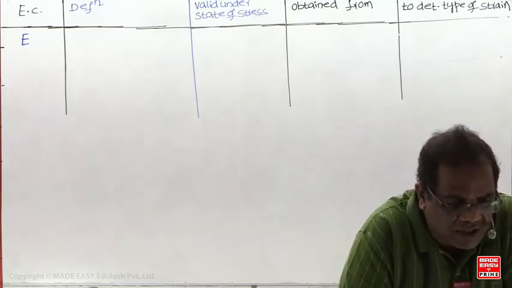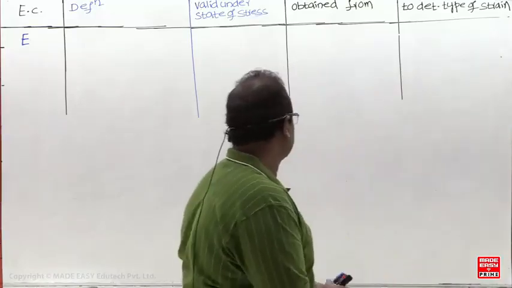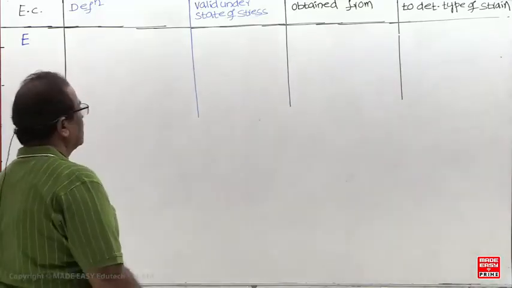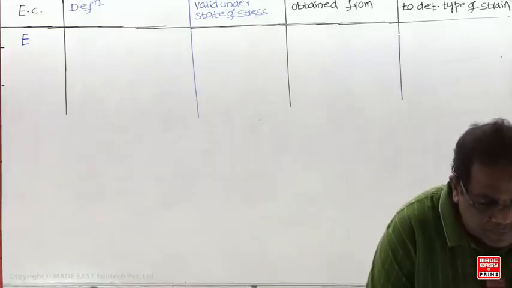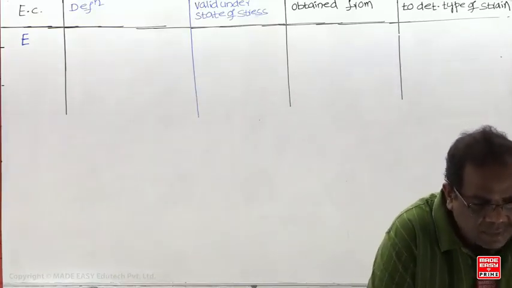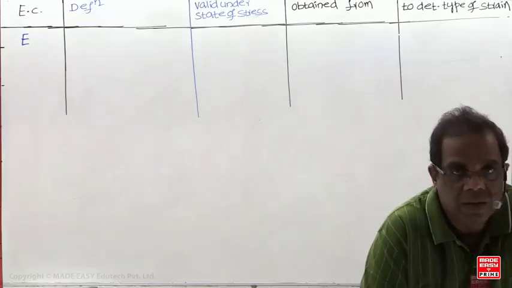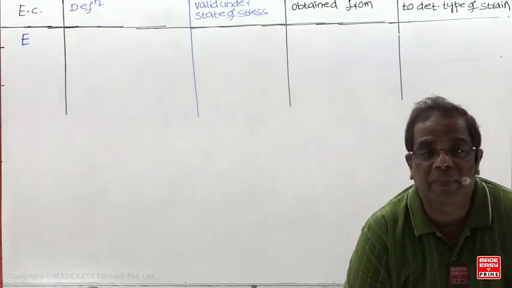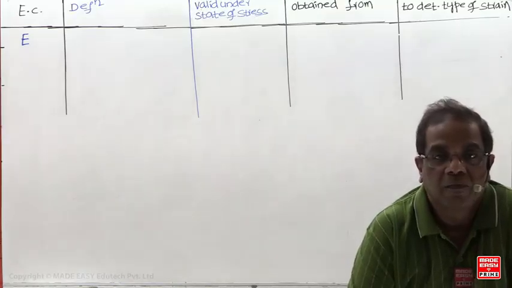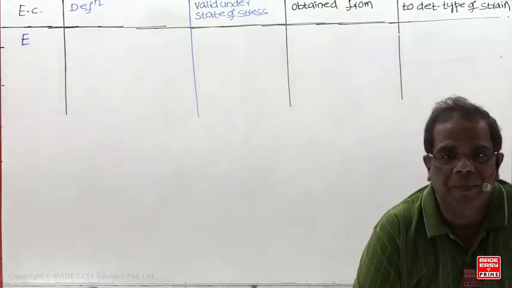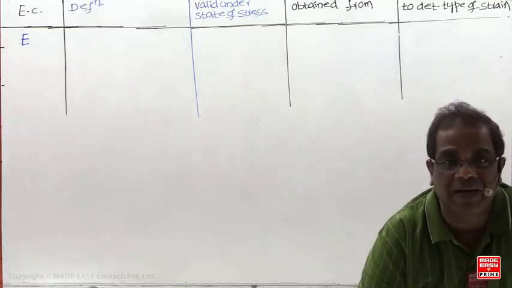All of you change that anisotropic to orthotropic. Somewhere I missed it. Okay, so once I inform you, please make the correction. Whatever I wrote is an orthotropic material, not anisotropic. Anisotropic we already studied; anisotropic means it changes from direction to direction.